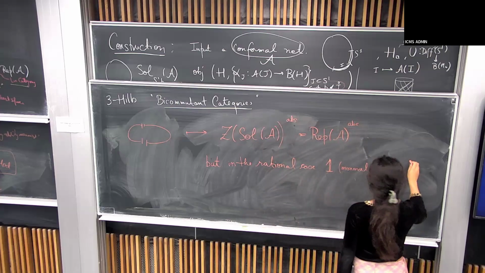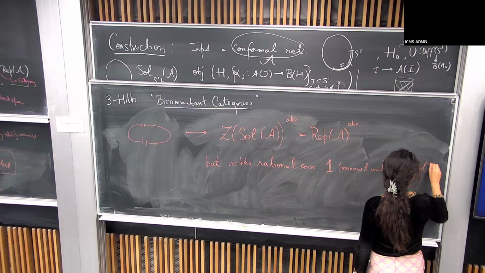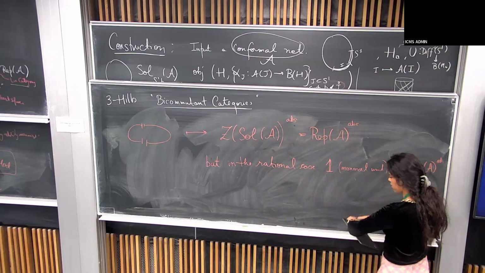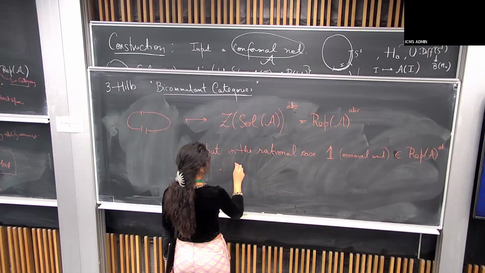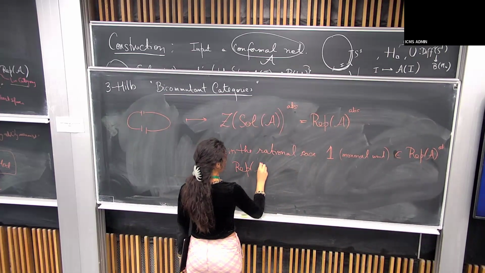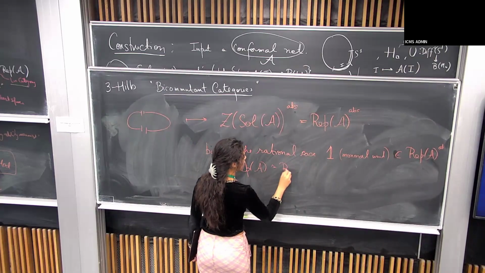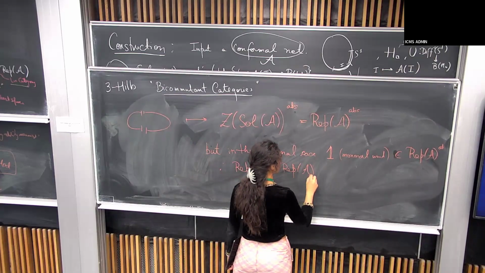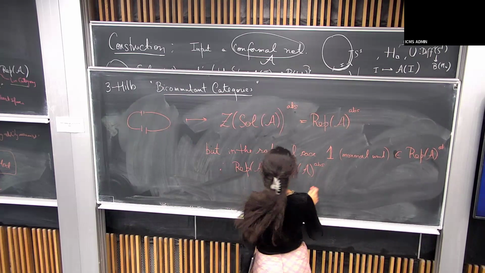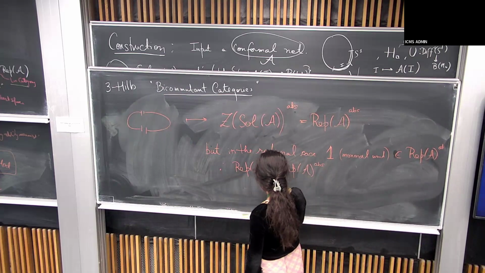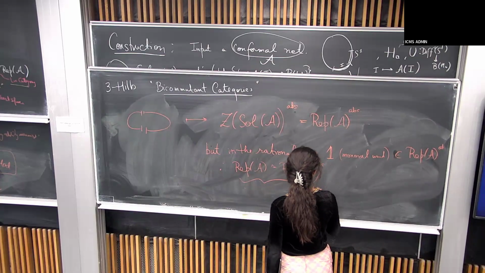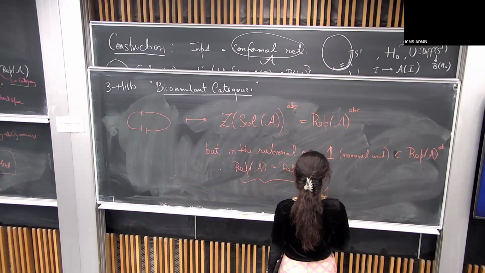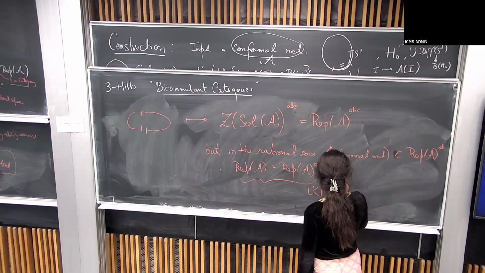So the monoidal unit belongs to Rep A absorbing. Therefore Rep A and Rep A absorbing are equivalent, and this is shown by the work of great people in the audience, as this is an MTC.